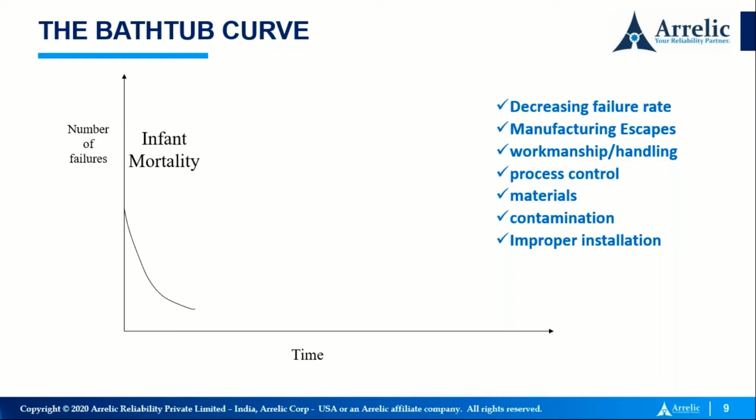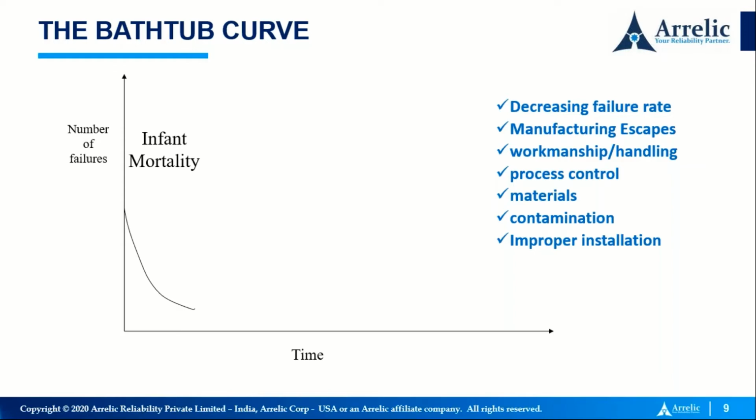Section A, the infant mortality, is designated by a decreasing failure rate, and these may be failures resulting from manufacturing escapes, workmanship, handling, process control, materials issues, contamination, improper installation.